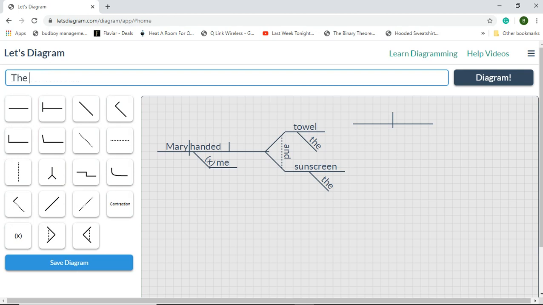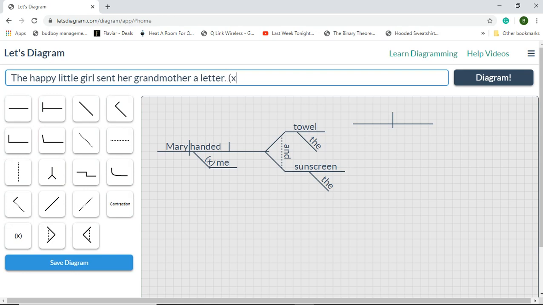Let's try this again. The happy little girl sent her grandmother a letter. Period.